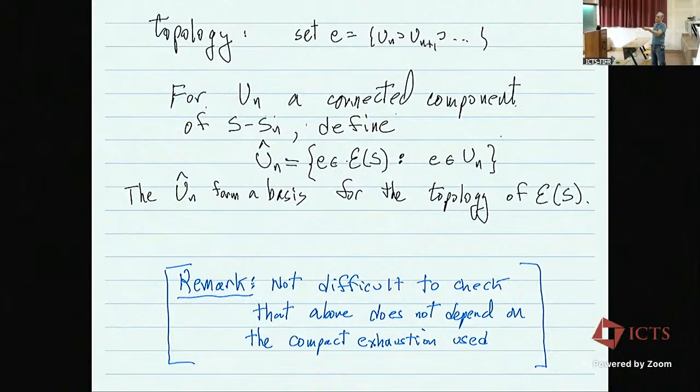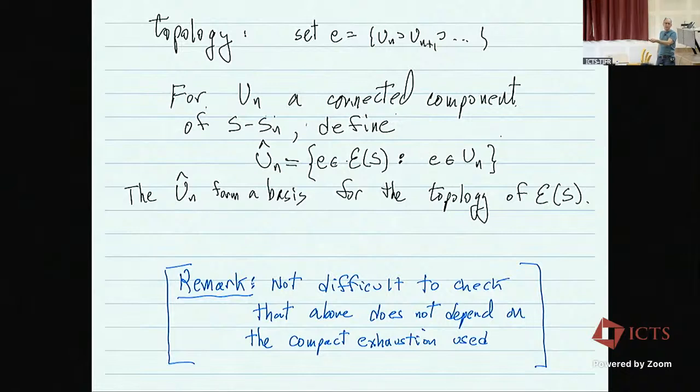So given a connected component Un of the complement of Sn, you define Un hat to be all the ends that are contained in this open set Un. Okay, Un was a connected component, and now there may be a lot of ends in there, okay? And that's what we're calling Un hat.